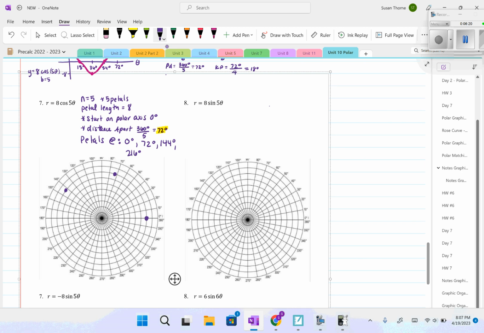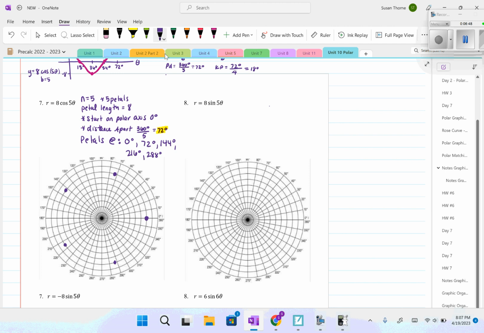So it's always easier if you find the degrees first, and then do the distance from the pole. And then add another 72 to 216, and we get 288 degrees, which would be somewhere in here.